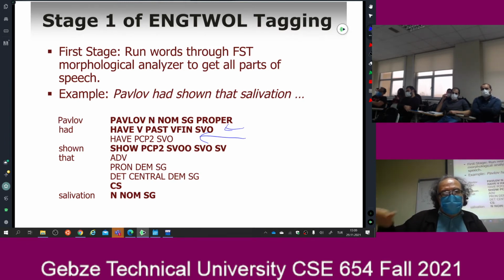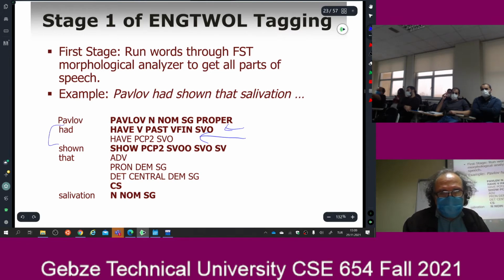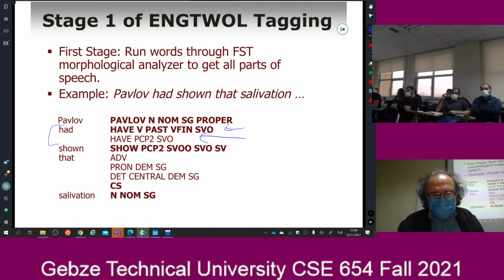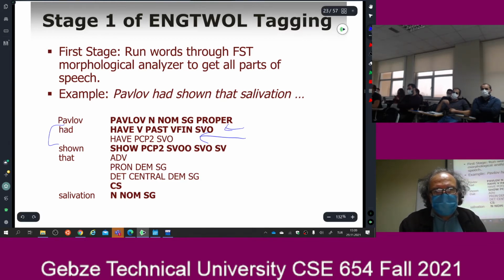It will not tell you just one, for example, this one has 2 of them. What is the difference between these two? It might be past or past participle. Yeah. But sure, this is past tense, had or have. PCP2?